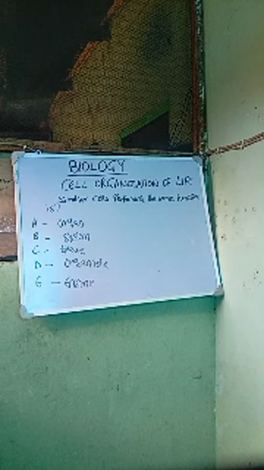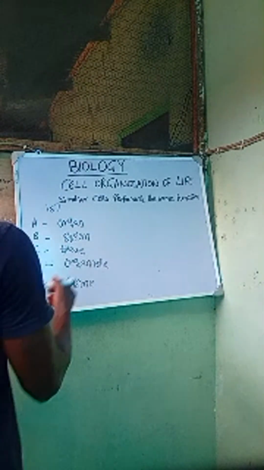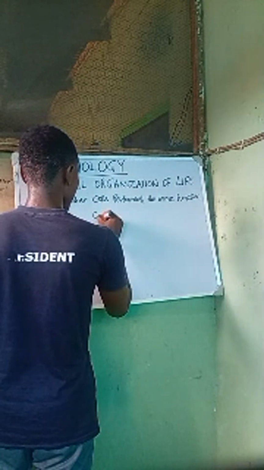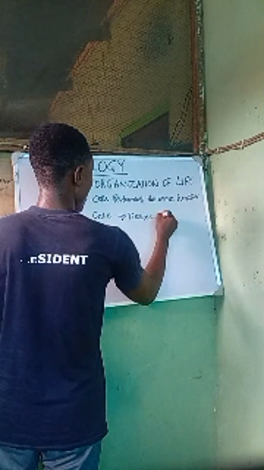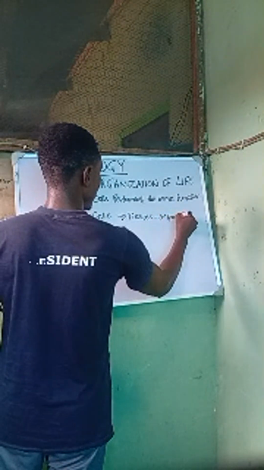Now the first thing is, what is a cell? What is a system? What is a tissue? What are organelles? And also what is an enzyme? When you get to know all of these, then you will know where your answer lies. In the cell organization of life, remember, we have the cells, we have the tissues, we have the organs, and we have the system.